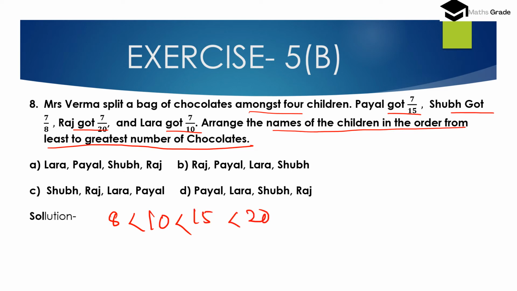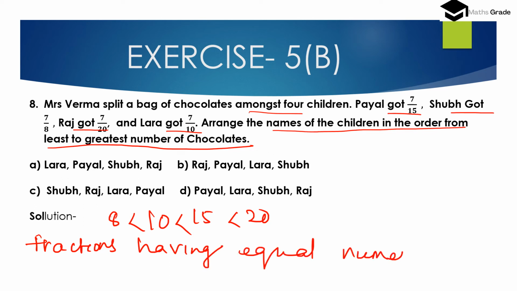But when we compare fractions having equal numerators, we compare the denominators from smallest to greatest.